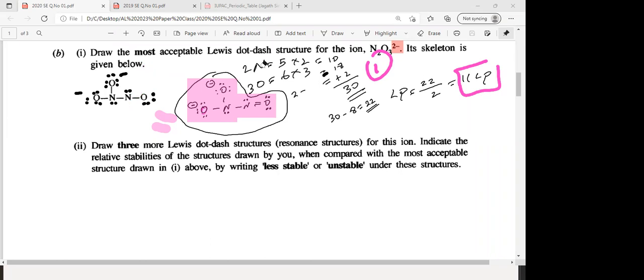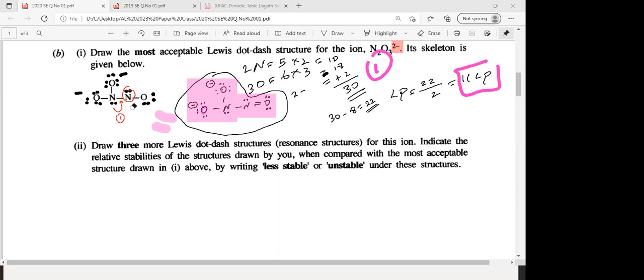One possibility, and the other possibility, look at the screen. Now this nitrogen has not reached octet. Then you can shift the one from here to here. That is one.